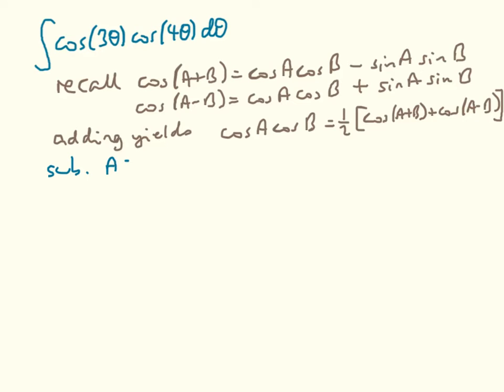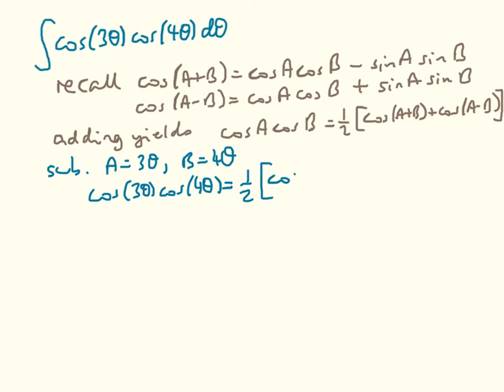a is equal to 3 theta and b is equal to 4 theta, and we have that the cosine of 3 theta times the cosine of 4 theta is 1/2 brackets, the cosine of 3 plus 4 is 7 theta, and then we have the cosine of 3 minus 4 theta, so that's the cosine of minus theta, but the cosine of minus theta is, by the even nature of the cosine function, cosine of theta.